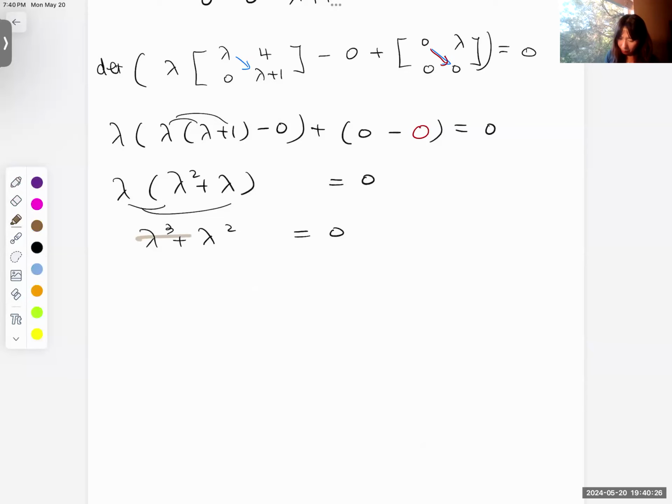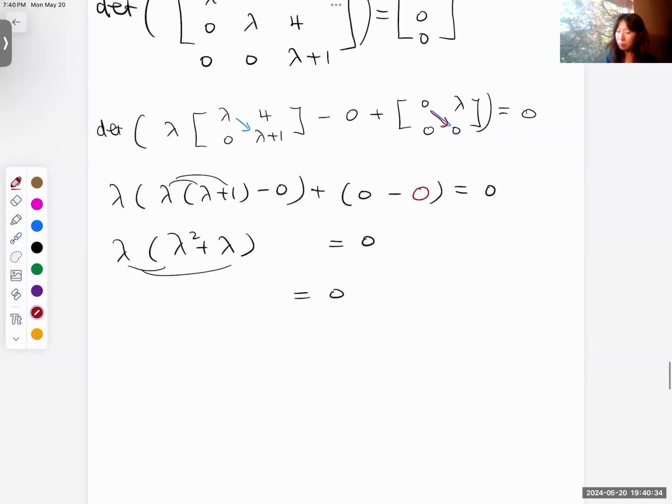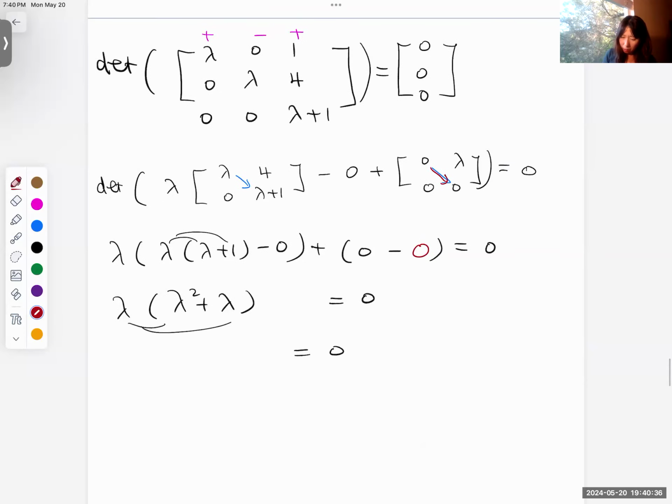Okay, so that will be... Yeah, so multiply it out, right? So then you get lambda cubed plus lambda cubed plus lambda squared. Well, yeah, that works too, I guess, that way.